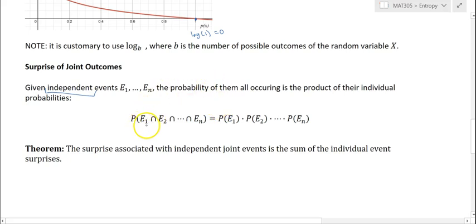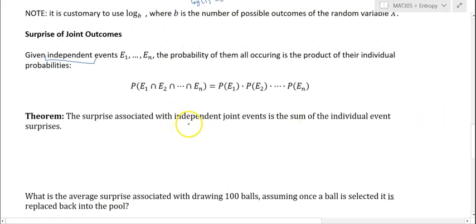And so the probability of E1 and E2 and all the way up to event n is the probability of E1 times the probability of E2 times ... times the probability of E sub n. That's going to come in handy because it turns out that the surprise associated with independent joint events is the sum of the individual event surprises.